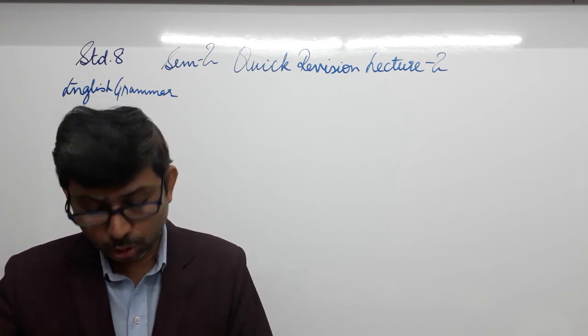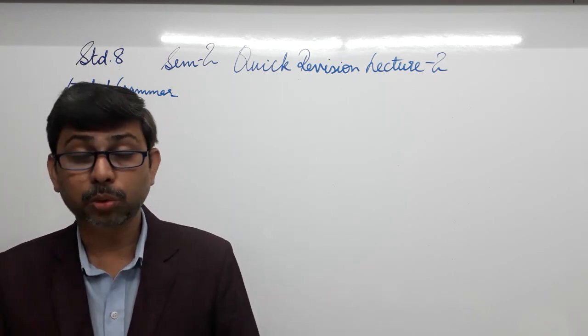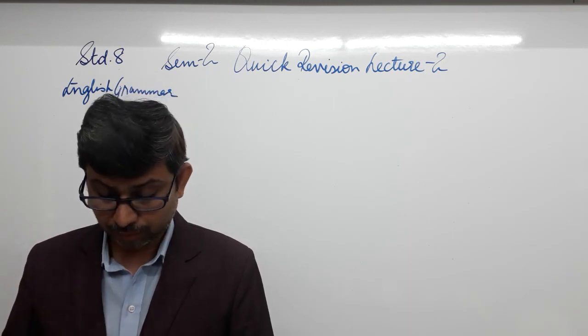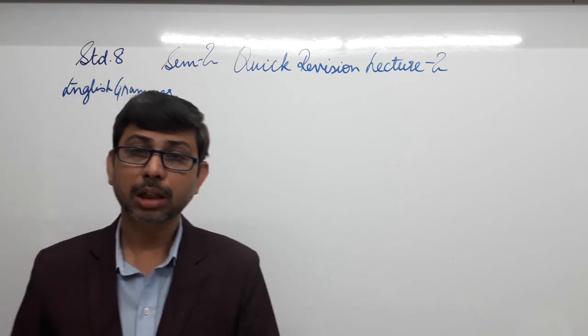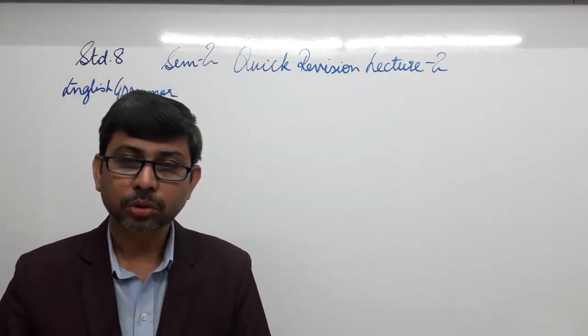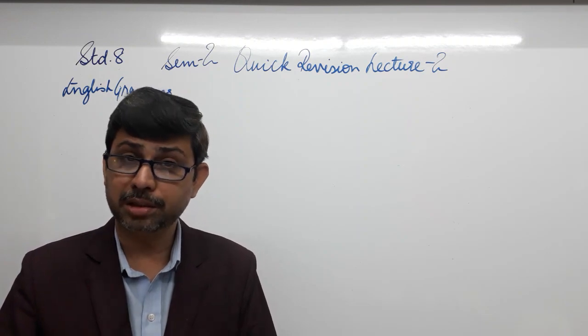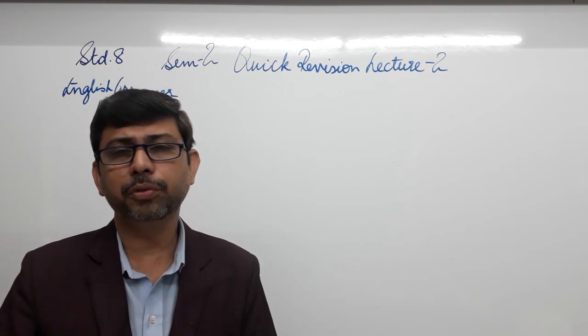To revise about the gerund: a gerund is a verb ending in ing. So what is being told to us? It's a verb ending in ing which functions as a noun. It means it's not really a verb, unlike the verbs that we've learned. No doubt, it appears to us as a verb. It is a verb in one sense, but it does not play the function of a verb in a sentence.